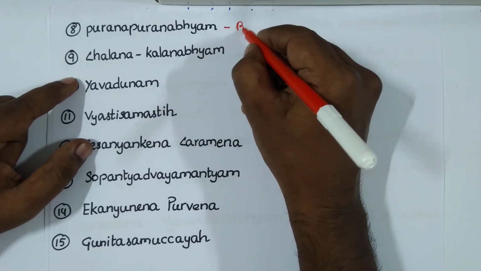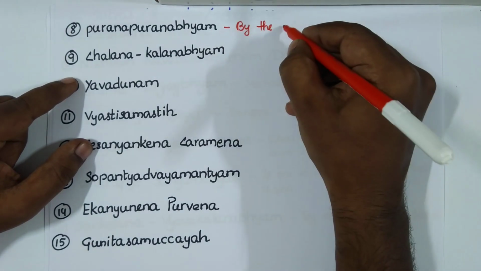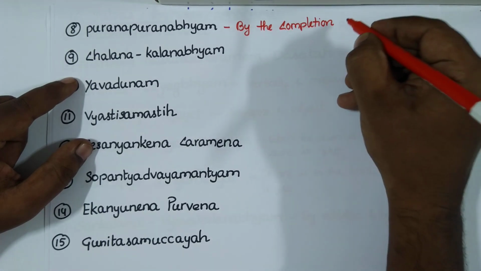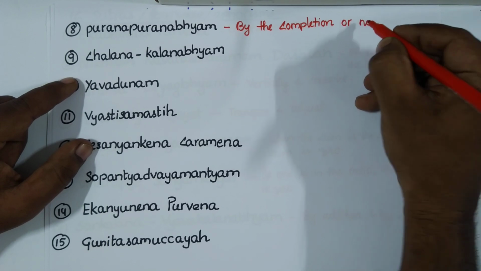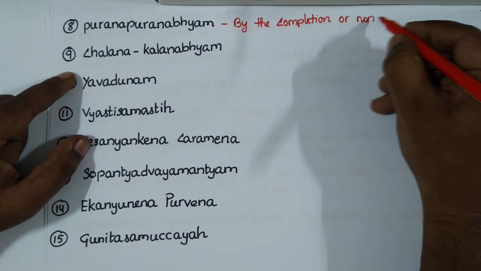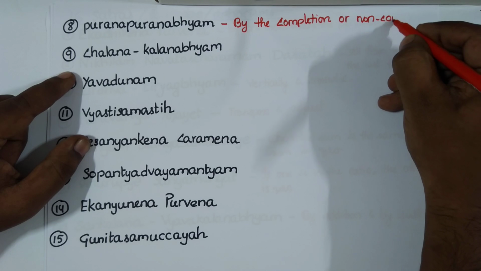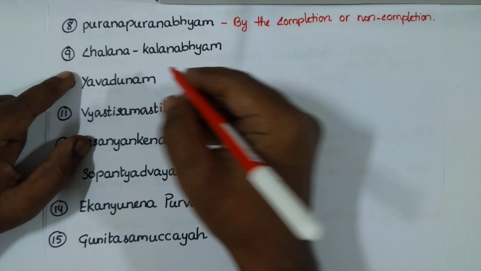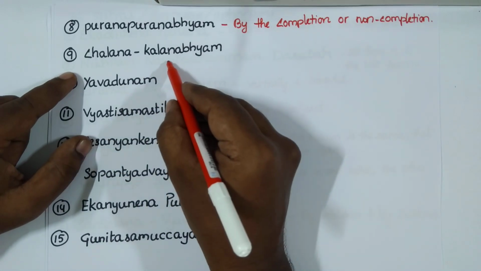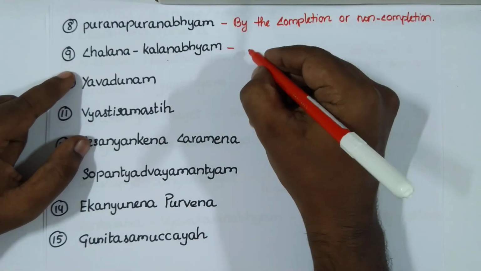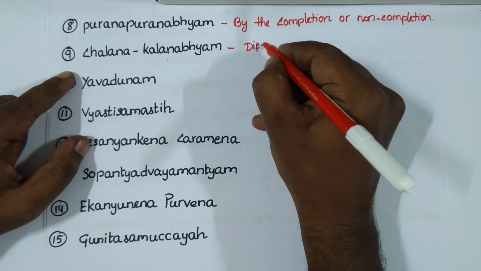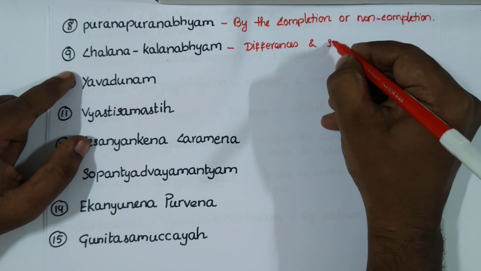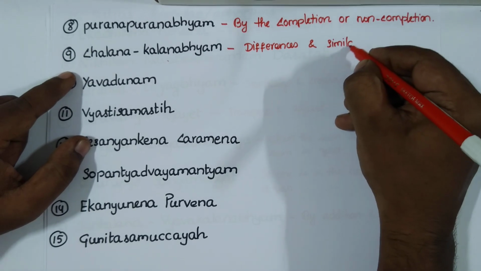This is very important again. By the completion or non-completion, very very important. And again this one, Chalana Kalanabhyam, means differences and similarities.